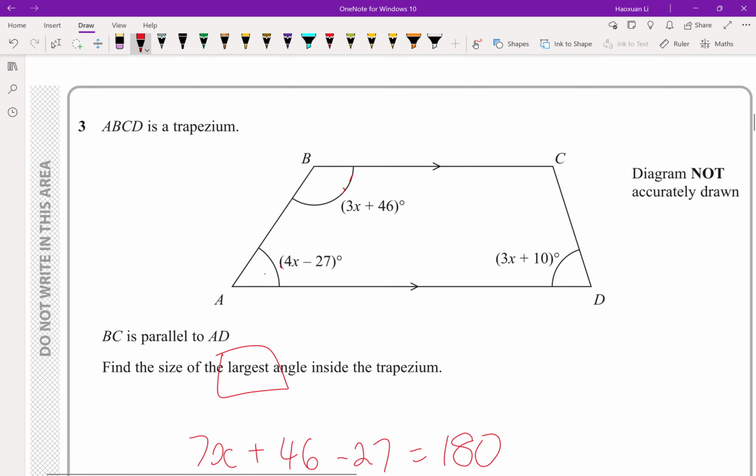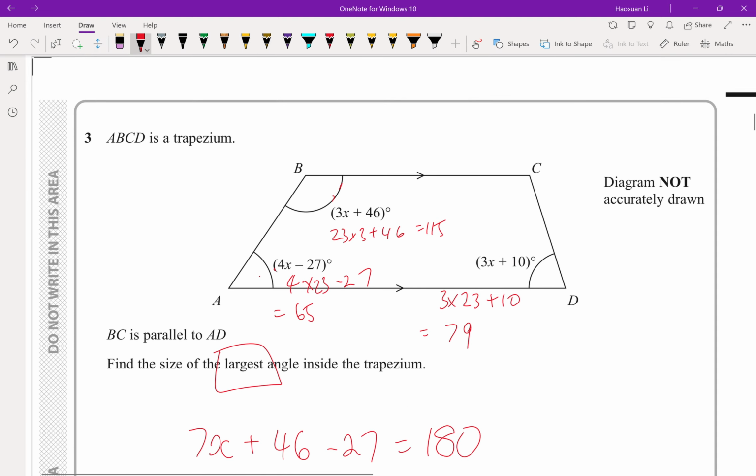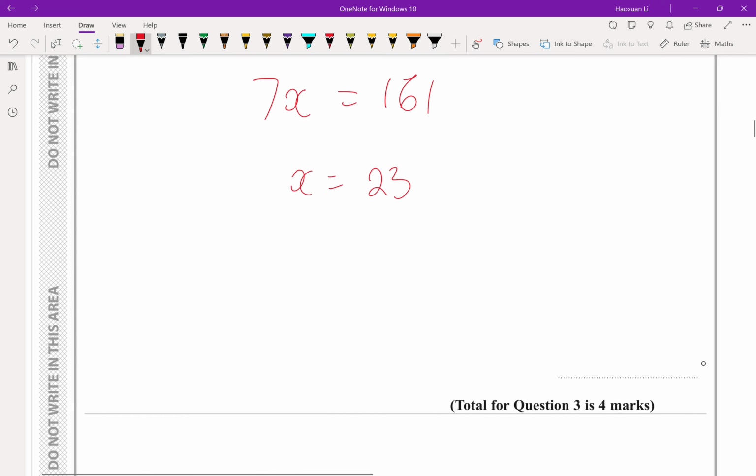So 23 times 3 plus 46 would be 115. 4 times 23 minus 27 would be 65, and then 3 times 23 plus 10 would be 79. So therefore, 115 is the largest angle.